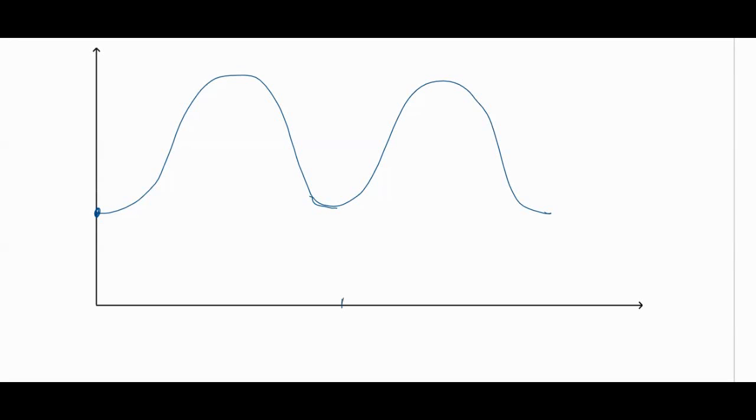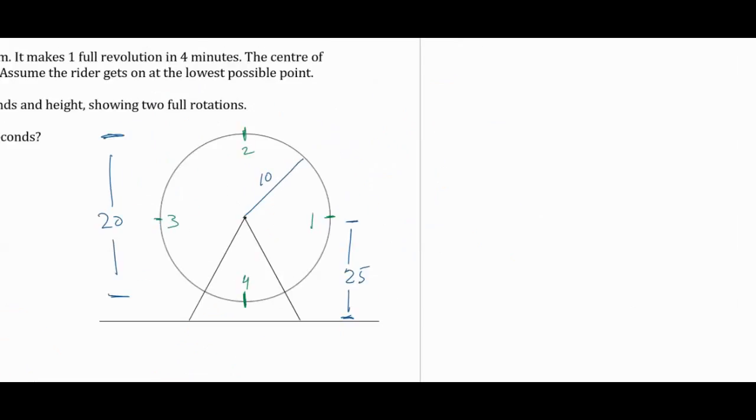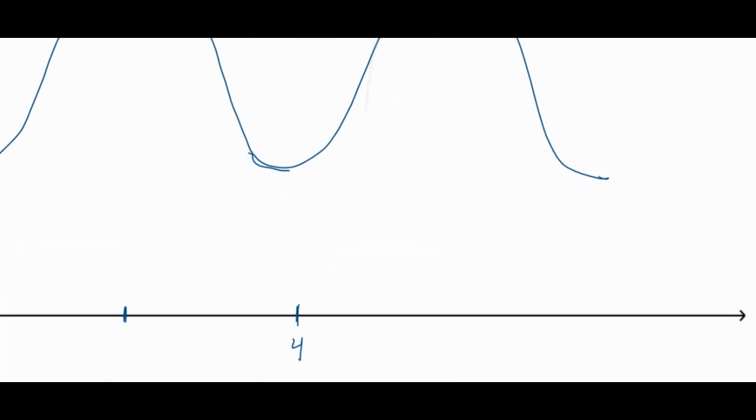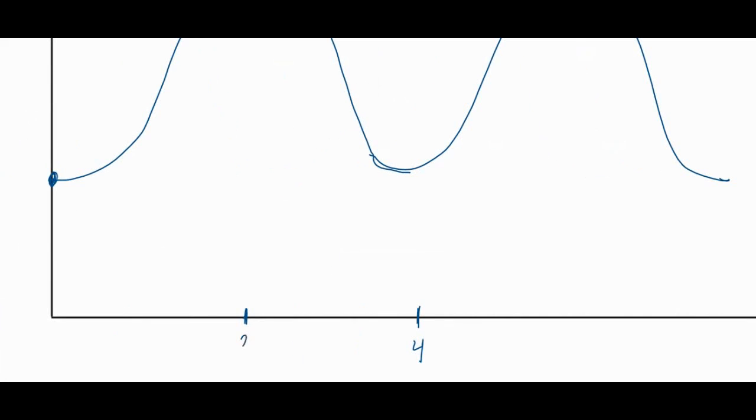So this is 4 minutes to go a full rotation from the bottom to the top, back to the bottom. So halfway getting to the top, again, we already put this, it's those green marks, would take 2 minutes. So this would be 2 minutes.